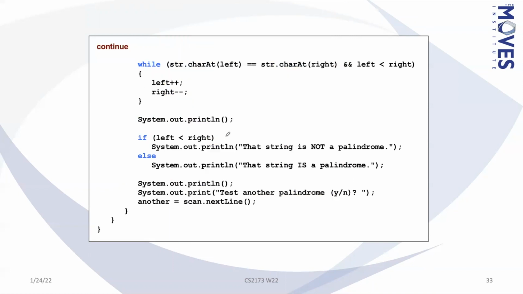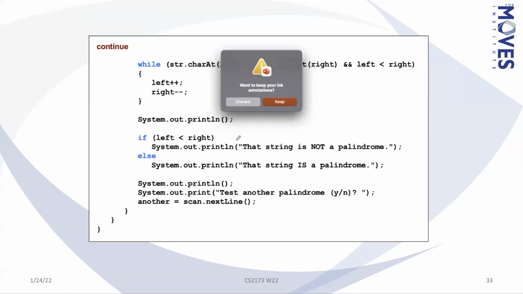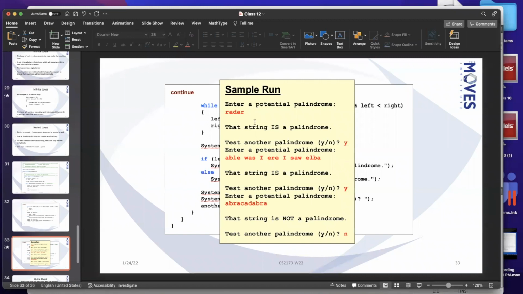Then finally, when we exit that, if we've ended before we've hit the right, then we're not a palindrome. Or if we have, then we are a palindrome. And remember, a palindrome is, okay, radar, able was I, error I saw, Elba, etc.